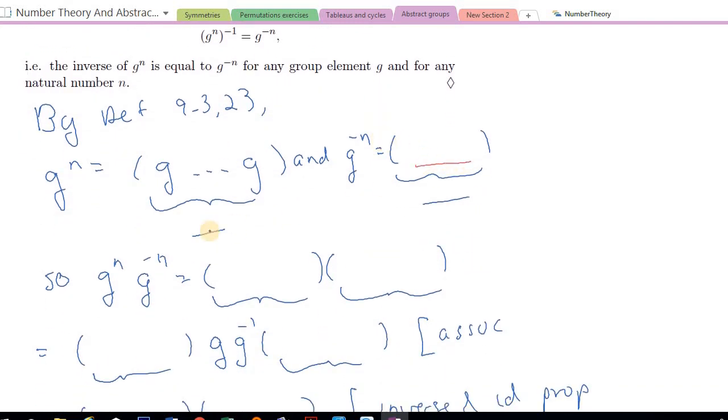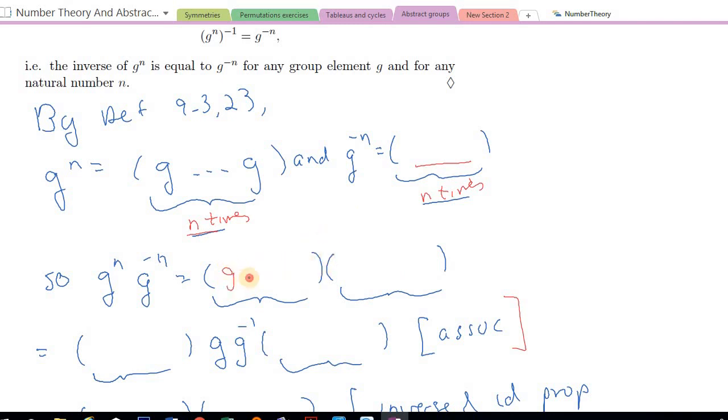So here you have g. This one is actually going to be n times, right? And this is going to be n times. Okay. And again, this is just substituting those results. And what I'm doing here is I'm reassociating this product. Now, because of the associative law, you can put parentheses wherever you want.